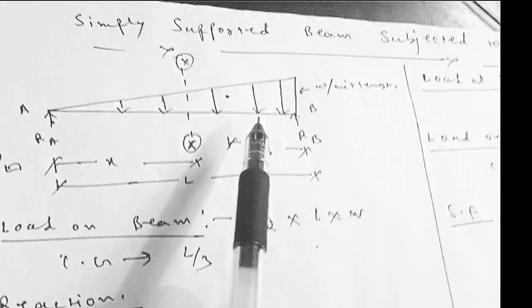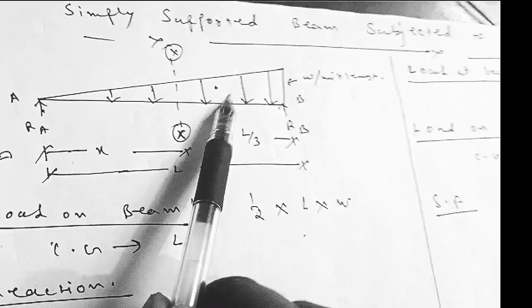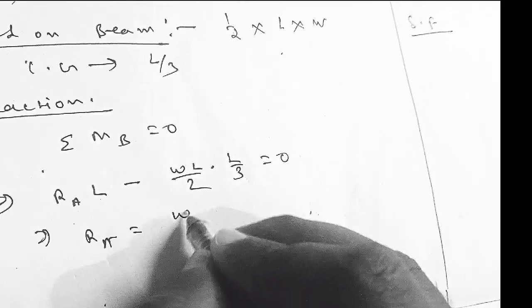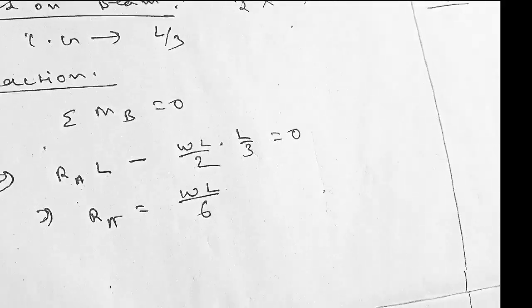Now R suffix A into L minus the moment due to this varying load. What will be the moment due to this varying load? This W L by 2, the load on the beam, into CG. CG is L by 3, which equals 0. From there, if you determine R suffix A, it will be WL divided by 6. So this is the reaction R suffix A, which is WL divided by 6.